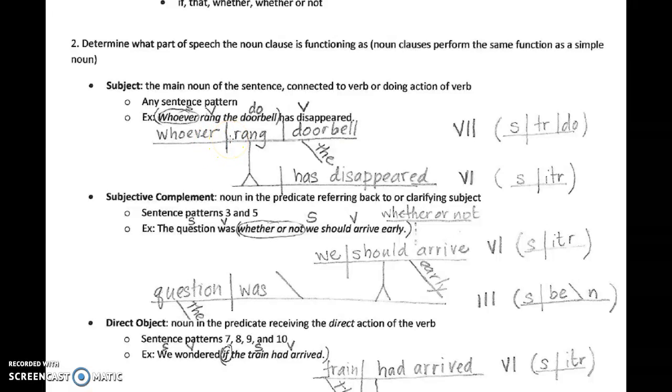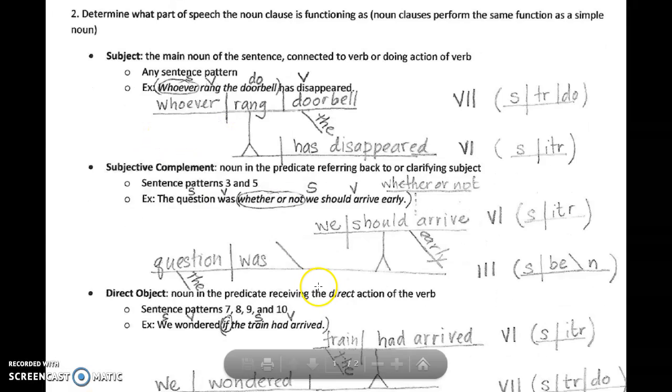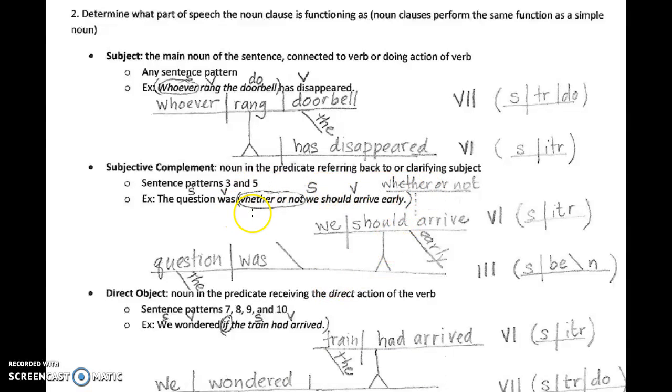Keep in mind that the interrogatives are part of the diagram and the expletives are not. So whoever rang the doorbell, we have a verb rang and we have an object, but we don't have a subject specifically. So this whoever is functioning as the subject. Here we have our whether or not, which is that trigger word. The expletive goes above. So it's diagrammed above the verb.